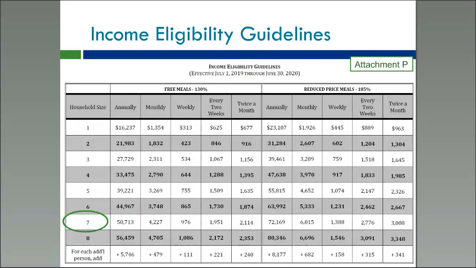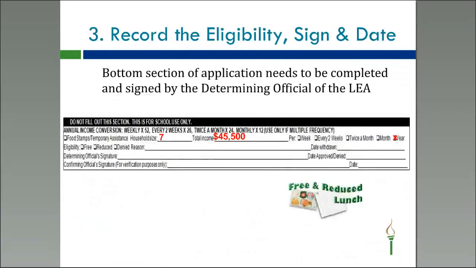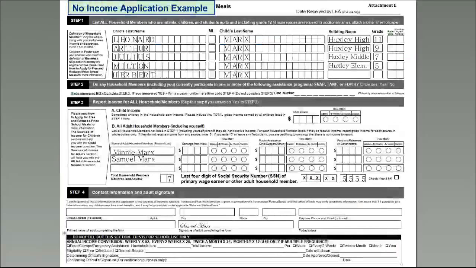This household made $45,500, so that meets the requirement for free meals. So we'll go ahead and complete this application. We'll mark that they are qualified for free based on income and then sign and date.